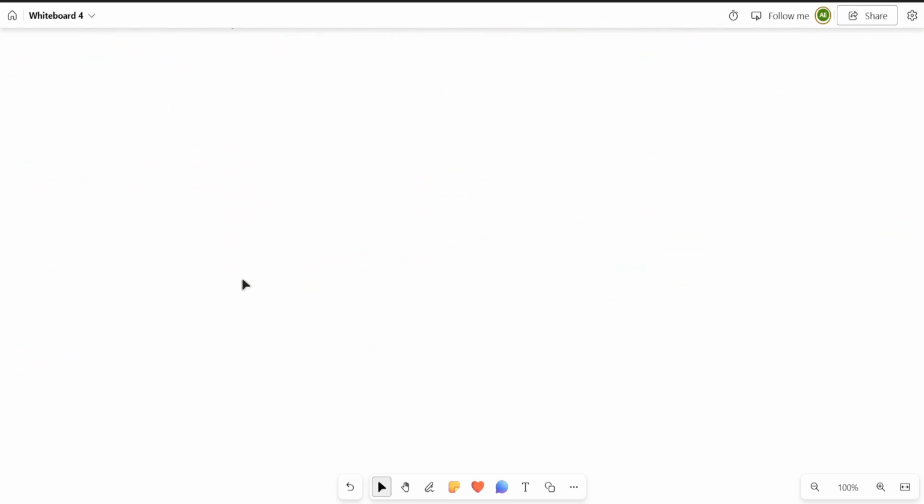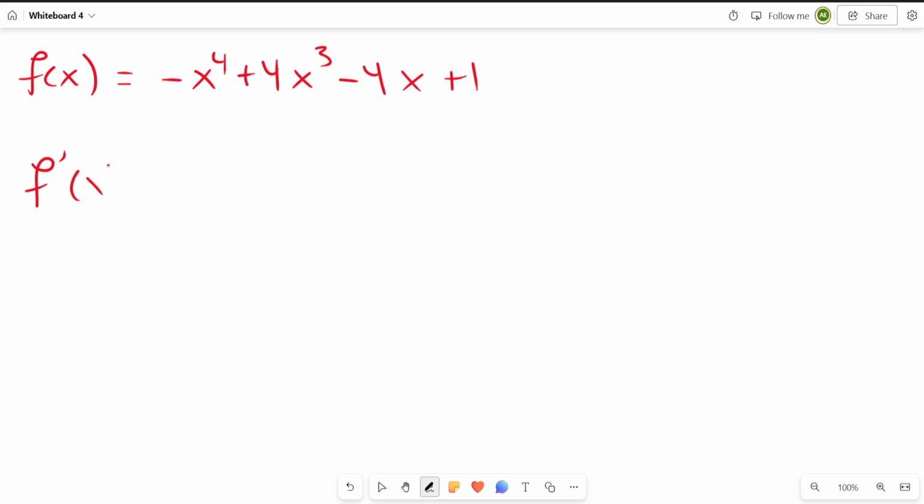Okay. Let's say we have f of x equals -x power 4 plus 4x cubed minus 4x plus 1. Again, to find the inflection points, I will need the second derivative. So getting the first derivative first is going to equal -4x power 3 plus 12x squared minus 4.